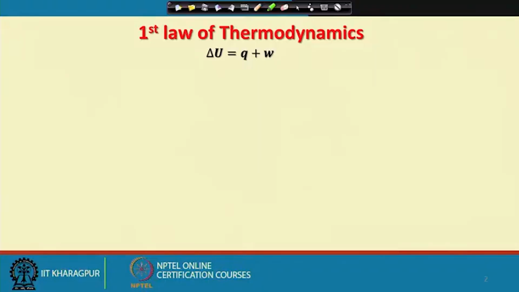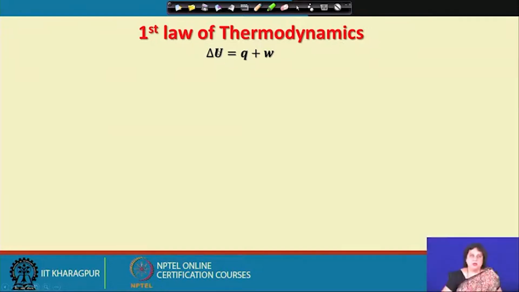So, we have already discussed the first law of thermodynamics, where we have seen that an energy function has been defined, which is the internal energy, and we have given it a symbol U. And it was discussed that the change in internal energy can be carried out in two different ways.